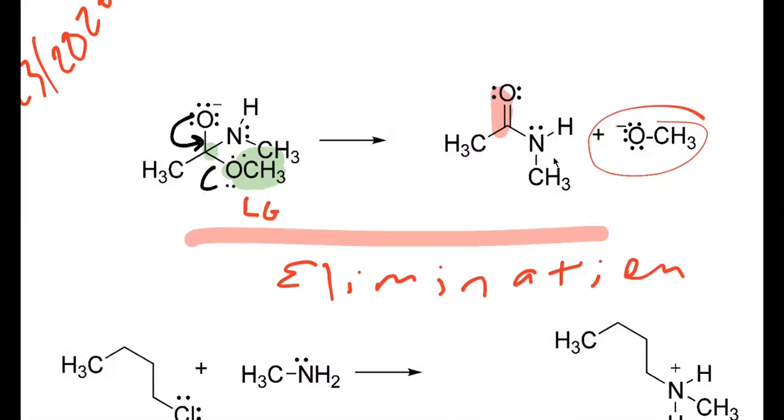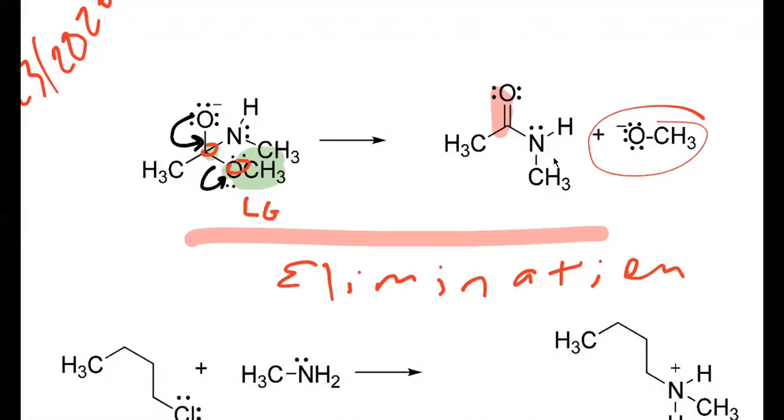So here, boom, I lose the leaving group. Notice where the arrow starts. The arrow starts at the bond between oxygen, which is right here, and carbon, which is right here. So I'm breaking that bond between those two atoms, and I'm giving the electrons to oxygen.